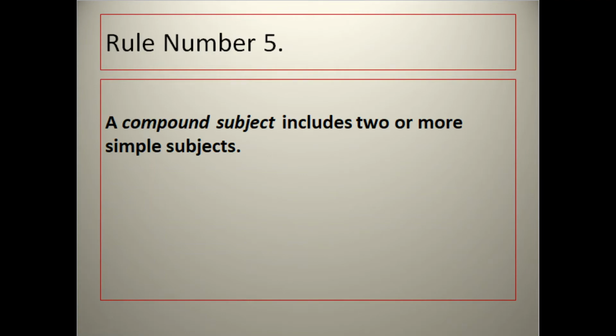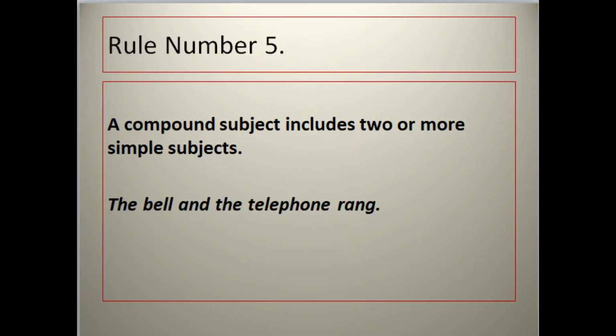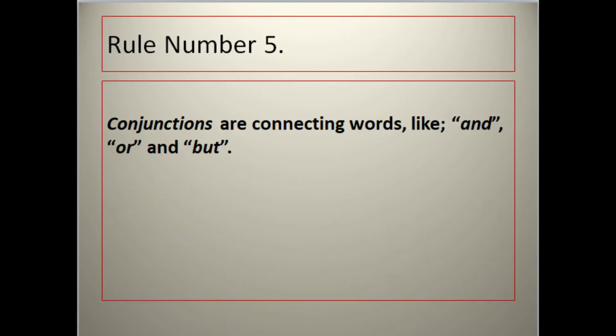Rule number 5. A compound subject includes two or more simple subjects. Example, the bell and the telephone rang. What happens if your sentence has two subjects? We call this a compound subject. Compound subjects are created through the use of conjunctions.